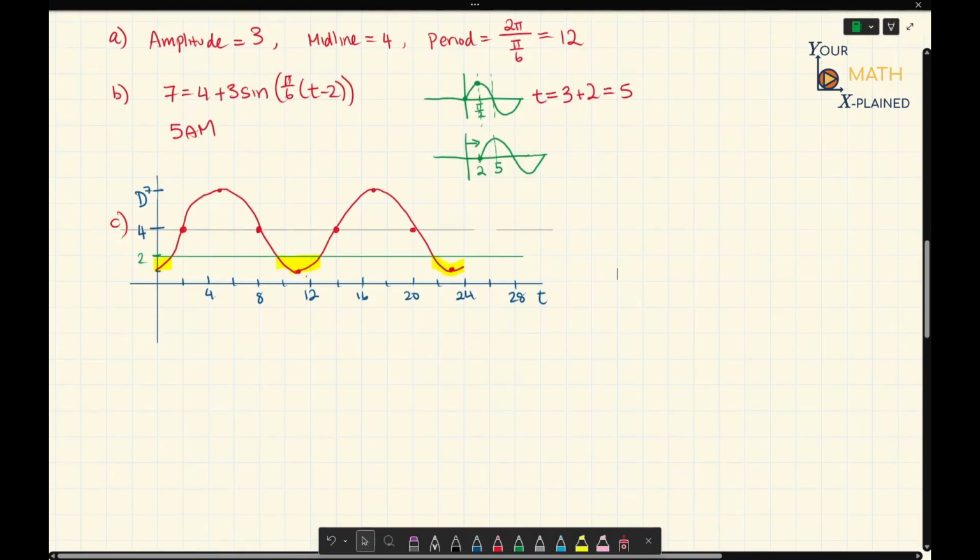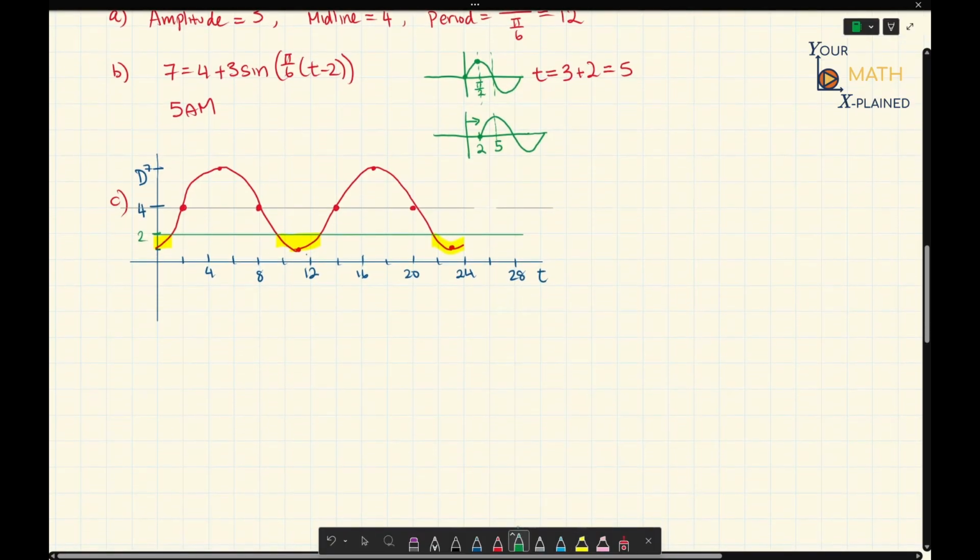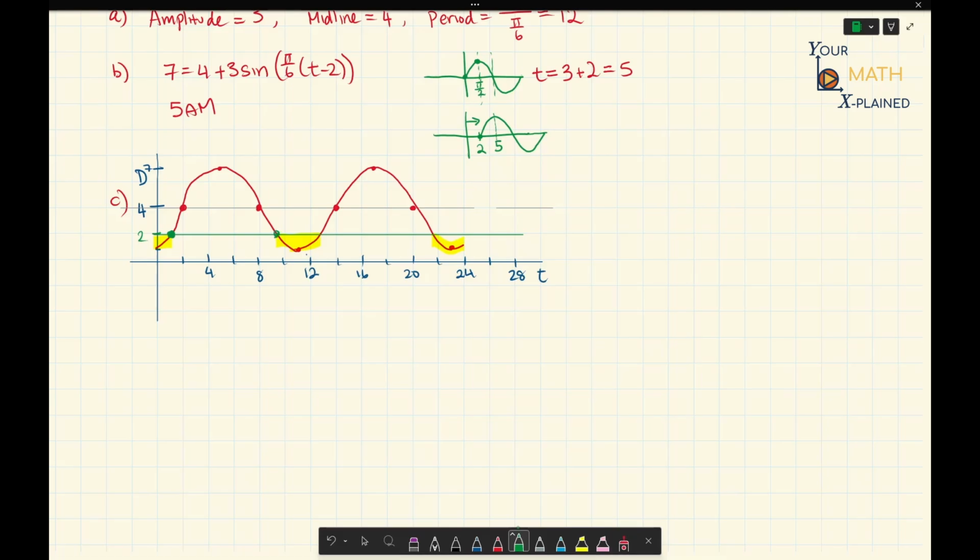Well, what we're going to do is find the intersection points. So we're going to find the t value here, here, here, and here. And the equation to solve would be 2 is equal to 4 plus 3 sine of pi over 6 times (t minus 2).